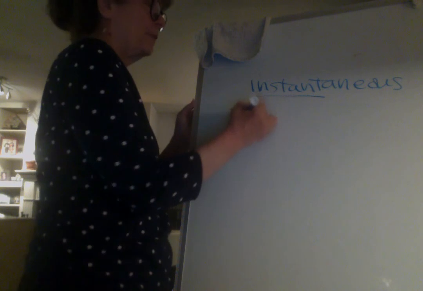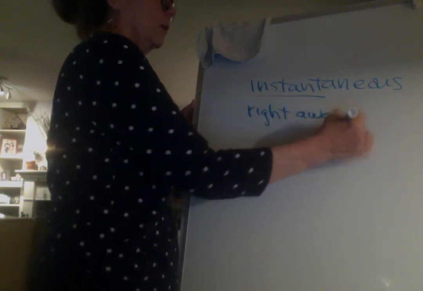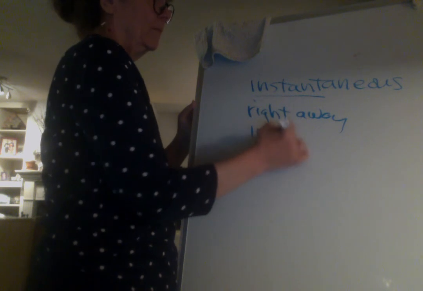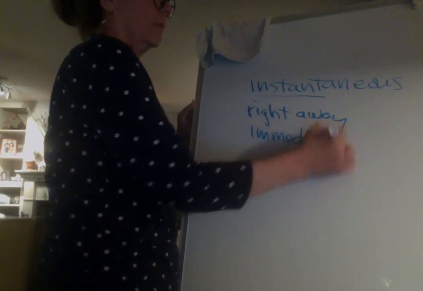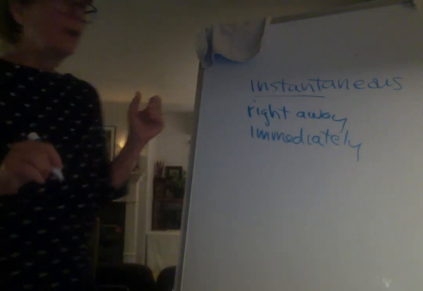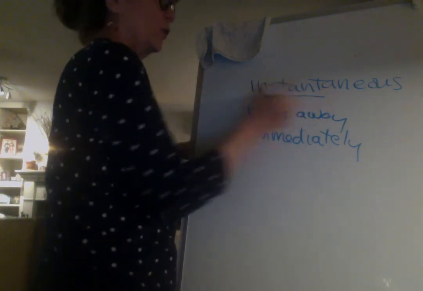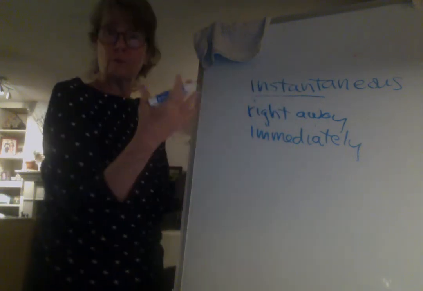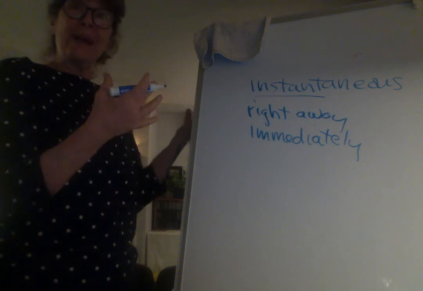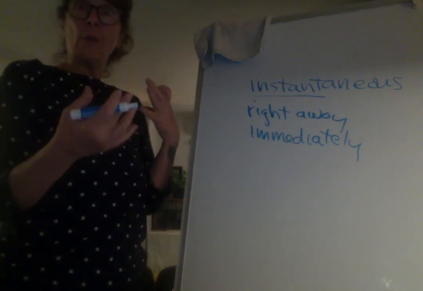It means it happens right away, or immediately. So we can make a guess, because we see this word in here that looks familiar, that something that's instantaneous might mean right away or immediately.